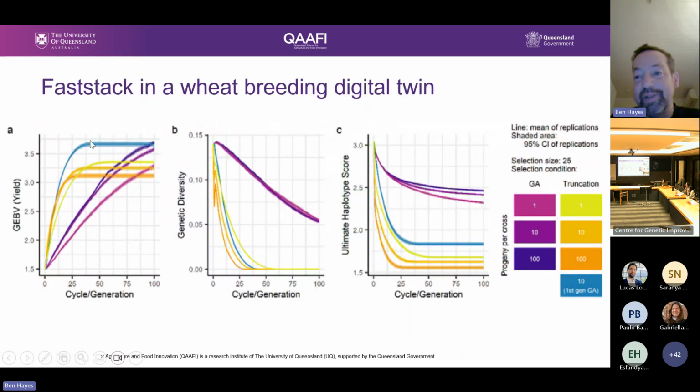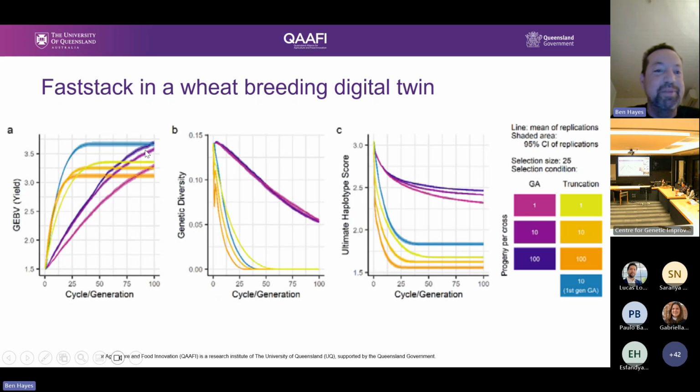It turns out the best strategy that Kira found was to run a first generation of the stacking, so using the genetic algorithm to pick out the parents that had the best combination of haplotypes, and then to run truncation selection. And that's the blue line there.